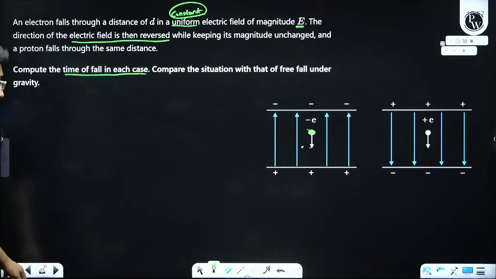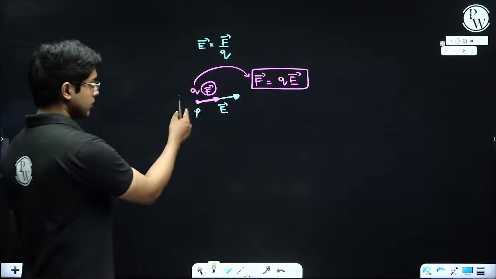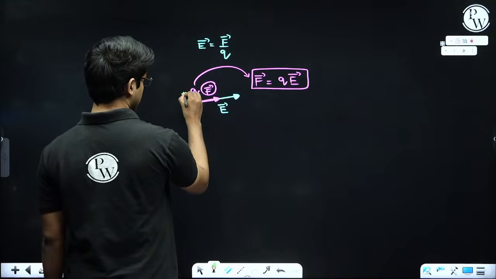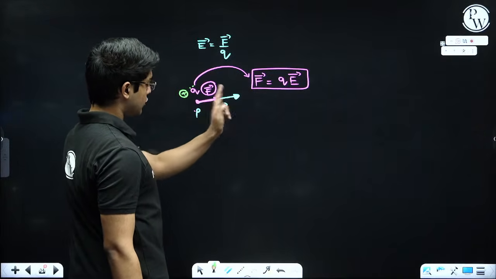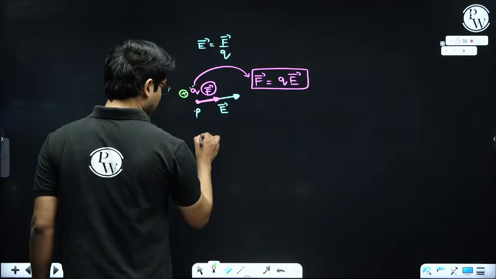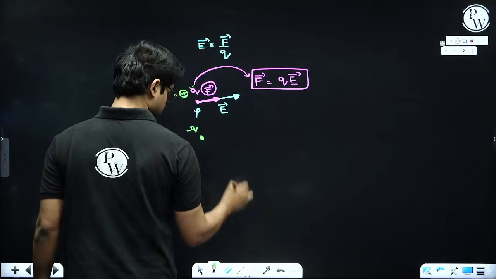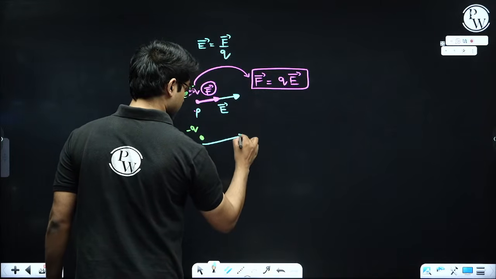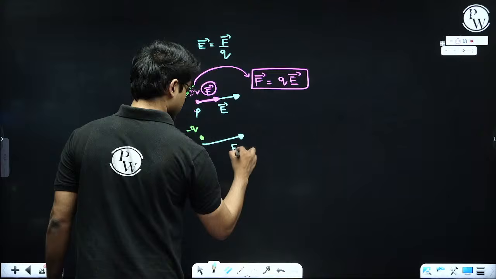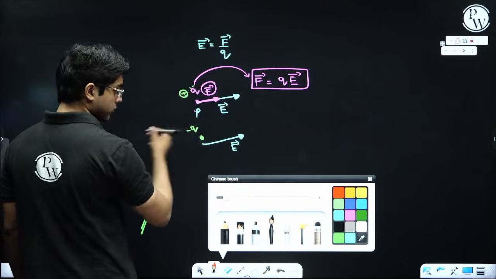If we have a charge in an electric field, we just learned this. If you place a positive charge in an electric field, it will experience a force in the direction of the electric field. But if you place a negative charge, a minus Q charge, in an electric field, it will experience a force opposite to the electric field.